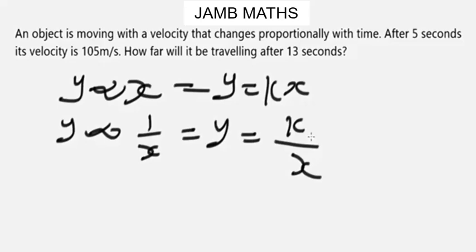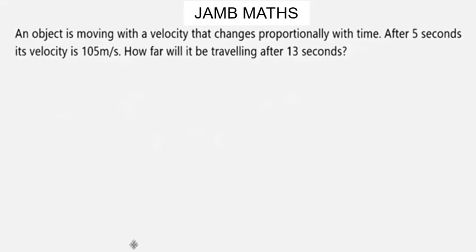Remember, this is a direct proportional question. Let's wipe this and solve the question we have here. You're looking for how far the object will be traveling after 13 seconds. Firstly, let's represent it using the direct proportional notation.